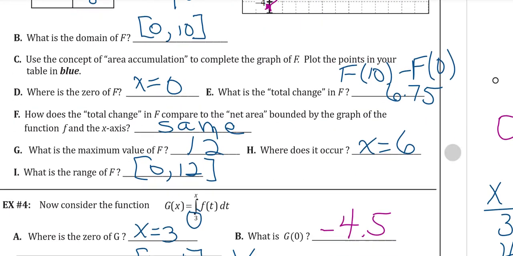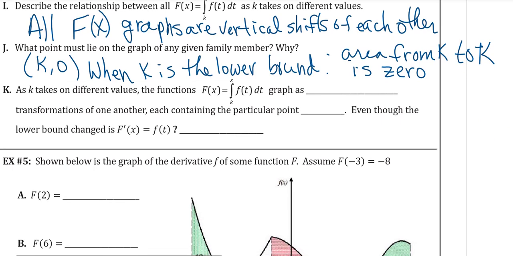Okay, so next question. As k takes on different values, the functions F of x from k to x of f of t dt graph, we want to think of them as vertical transformations of one another, each containing a particular point.